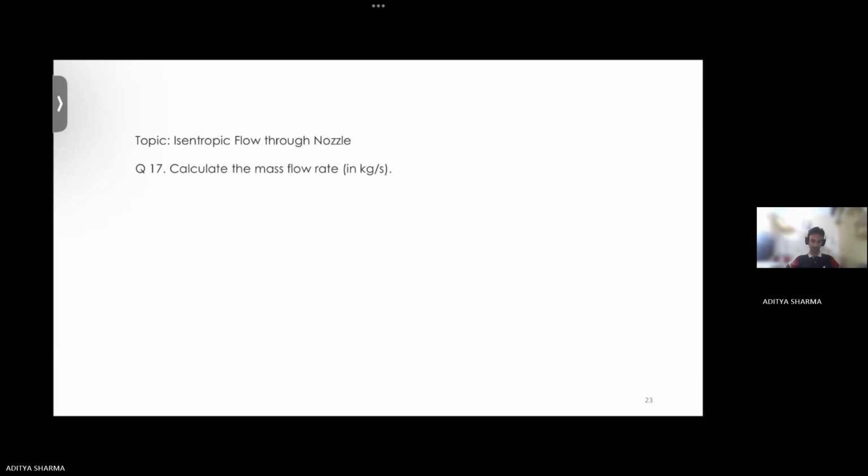We have pressure at the exit from question number 16, and we have temperature at exit from question number 15. And we can find out rho from that.